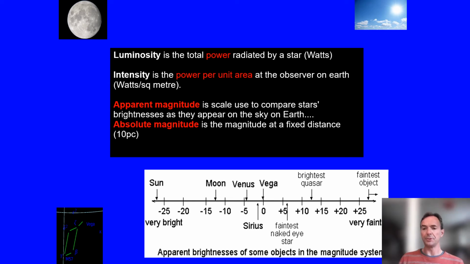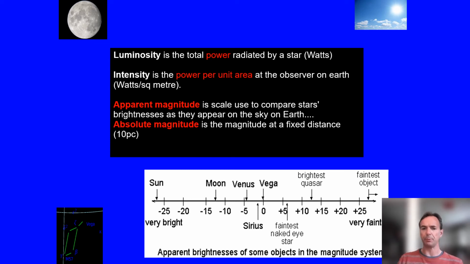Now the 5th root of 100 is about 2.5, so it's about 2.5 times, and I much prefer thinking about it as 1 magnitude compared to 2 magnitude is 2.51 times brighter. So a 1 star is 2.5 times brighter than a 2 magnitude star. Yeah, I know, it's ridiculous, isn't it? But anyway, I'll say that all again.